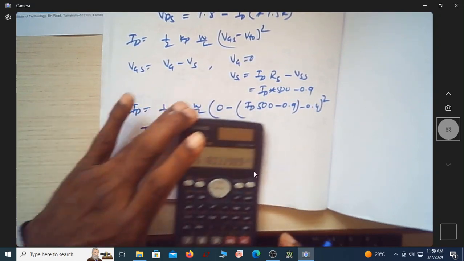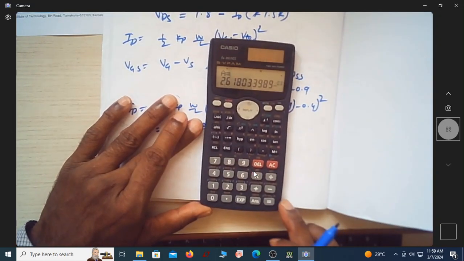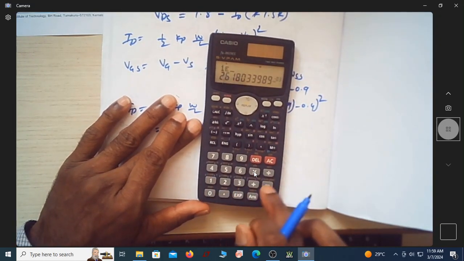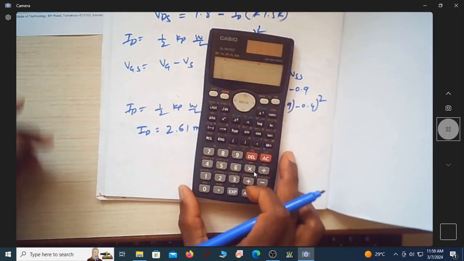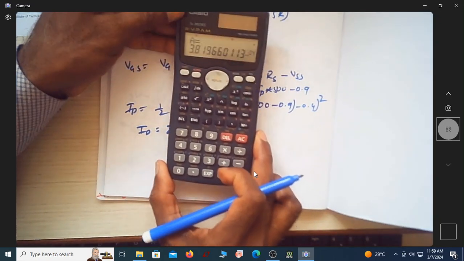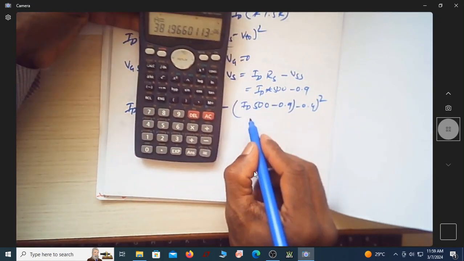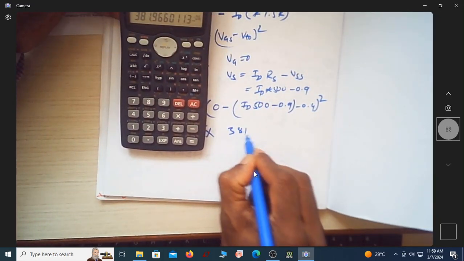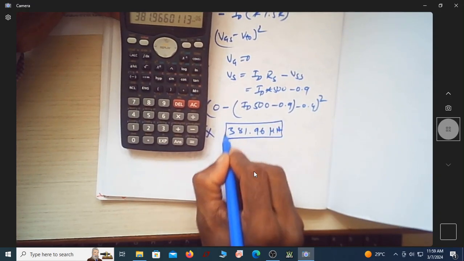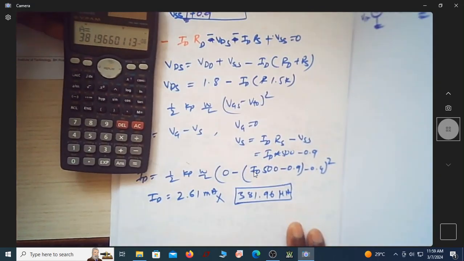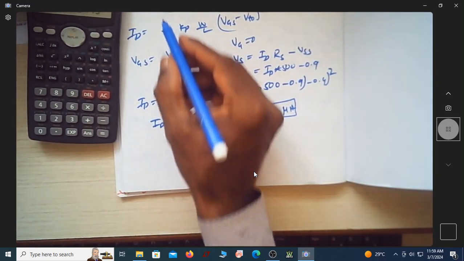This is not a possible answer. Let us find the other one. The other possible answer is 381.96 microampere. This is a possible answer. So let us find out what VDS is now.